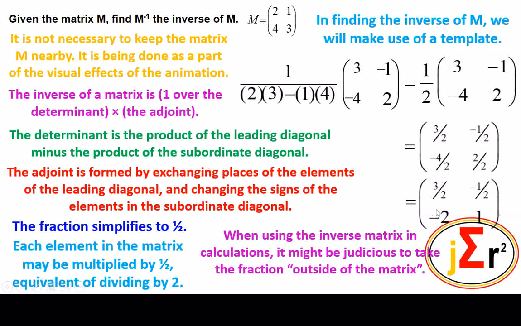You could, but it is going to be too cumbersome and too mentally overwhelming. When we are required to use this inverse in another process, we will take this version of the inverse, meaning that we are taking the half outside of the matrix so that our manipulation will be entirely off whole numbers. In the end, the half will be applied.